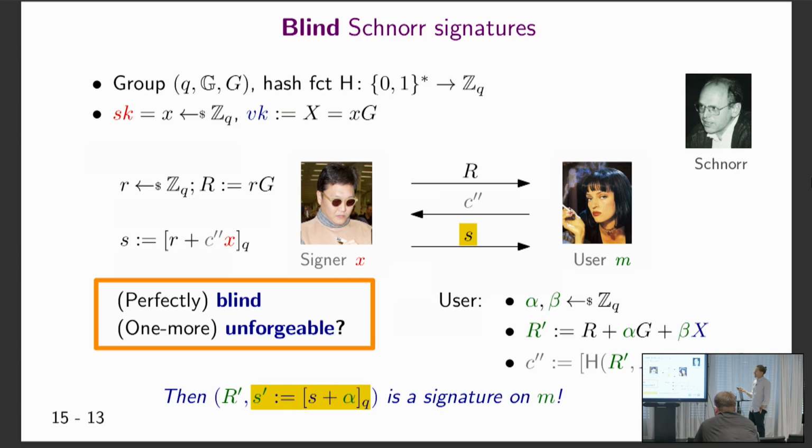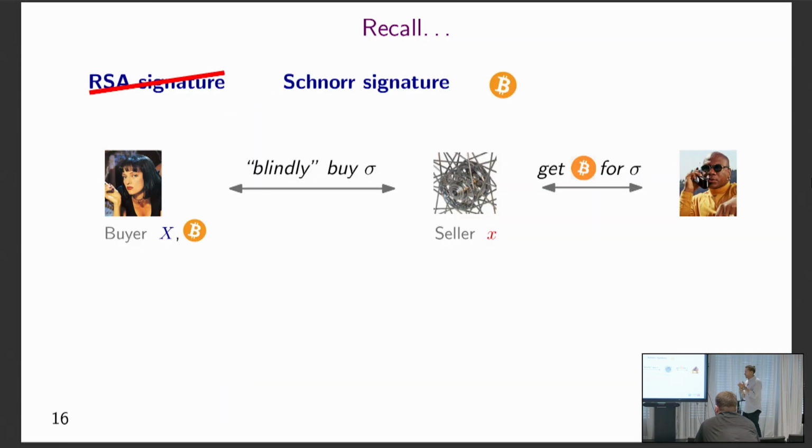Good, but let's quickly see, since now we have this blind signing protocol, how you can buy a signature blindly for Bitcoin. So recall, this is where we ended the discussion before. We know, if this sigma was a transaction signature, this part of the protocol we have.